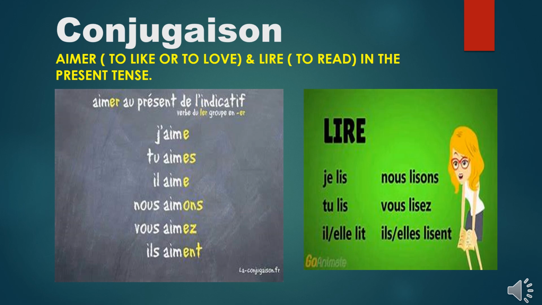Then I think it's the verb jouer. Then we came to the verb aller, and then we're ending up with the verb aimer and the verb lire. So those are the verbs Mark is using to introduce himself.